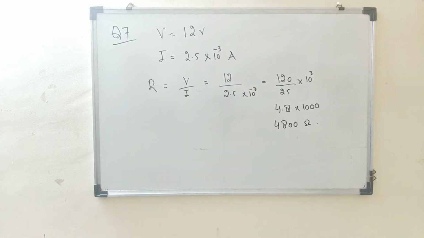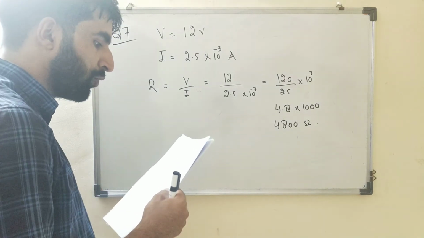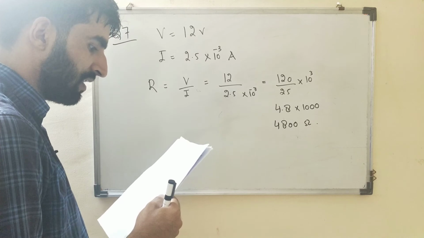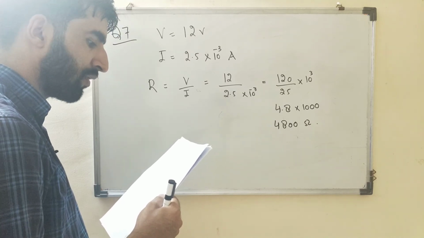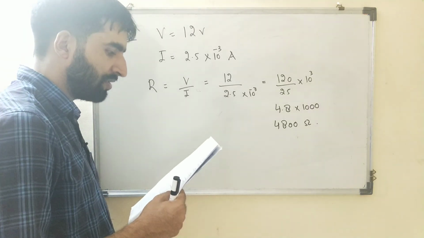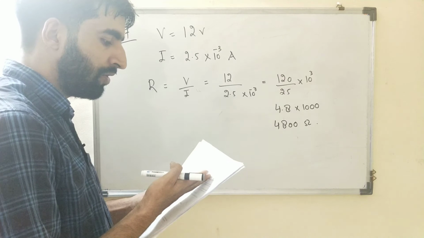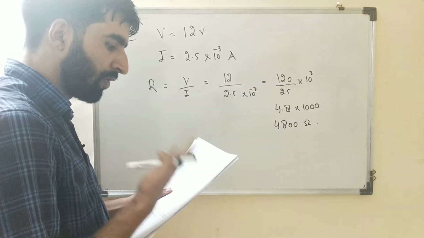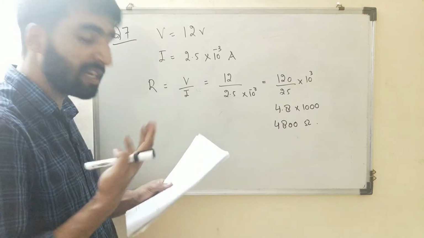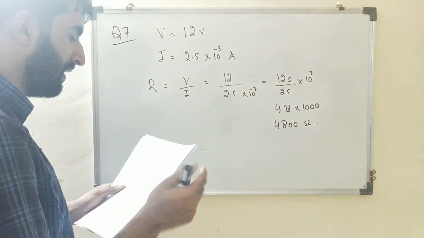Now question number 9. A battery of 9 volt is connected in series with resistors of 0.2, 0.3, 0.4, 0.5 and 12 ohms respectively. How much current will flow through the 12 ohm resistor? If we connect in series, the same current that flows in the 12 ohm resistor will flow in 0.5, 0.4, 0.3 and 0.2 also, because all are connected in series. If it were parallel, obviously there would have been different currents.